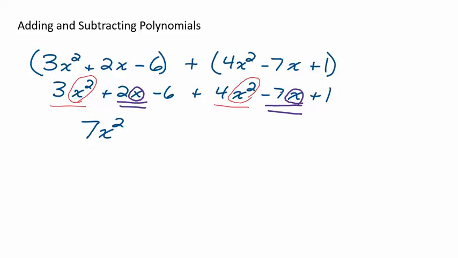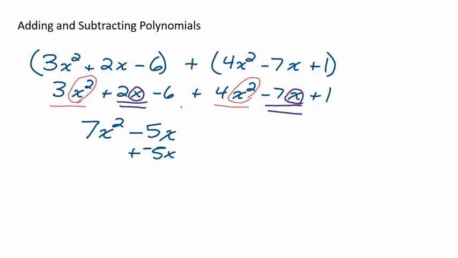You can think of it as negative 7x. So 2x plus negative 7x, or 2x minus 7x, is going to give you negative 5x. You could write that as plus negative 5x or minus 5x, whatever makes you happy. Most of the time you'll see it written as minus 5x because it's simpler, less symbols.